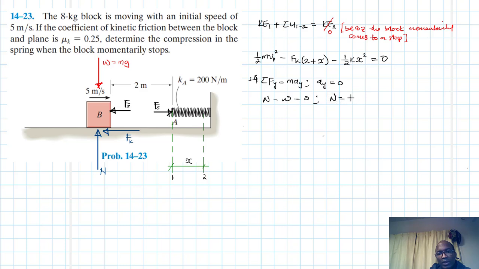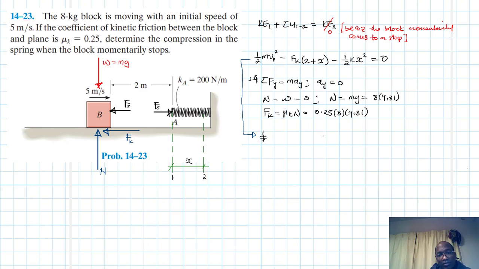Therefore, our N is just equal to mg, which is 8 times 9.81. Therefore, Fk, we know that is just mu k times N, and this is equal to 0.25 times 8 times 9.81.